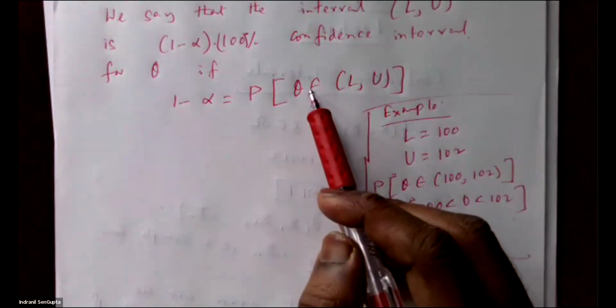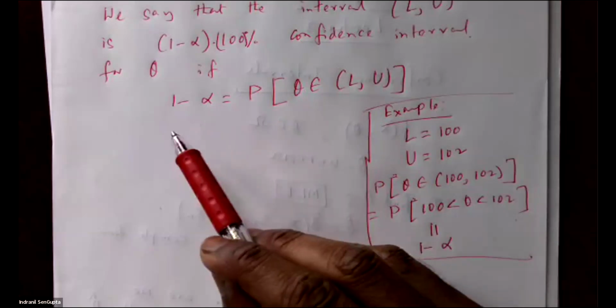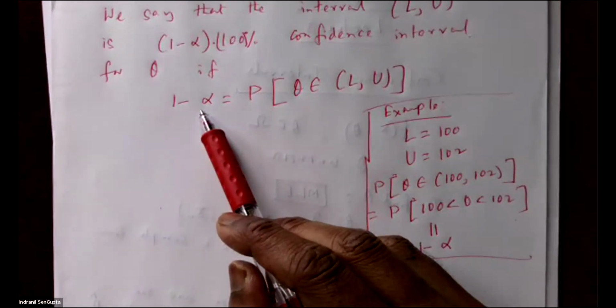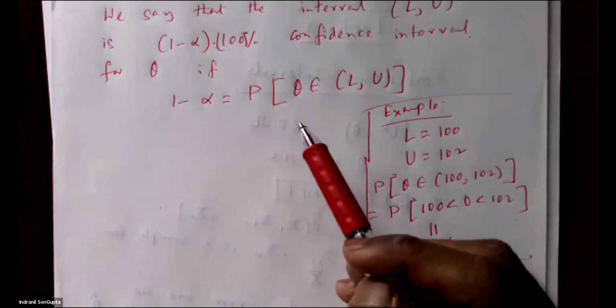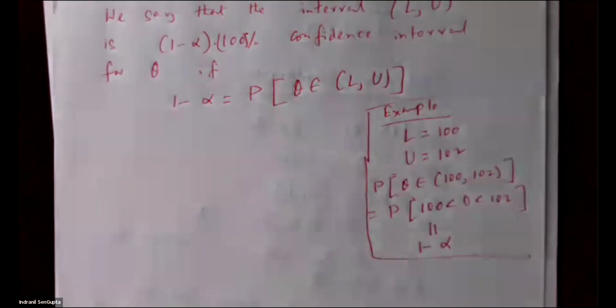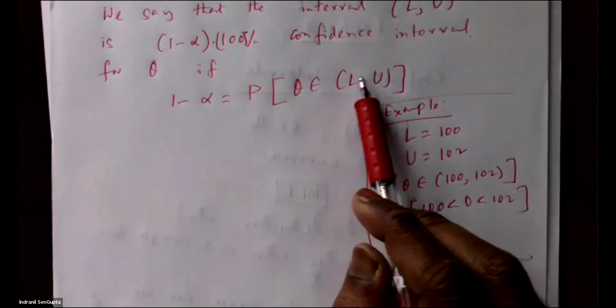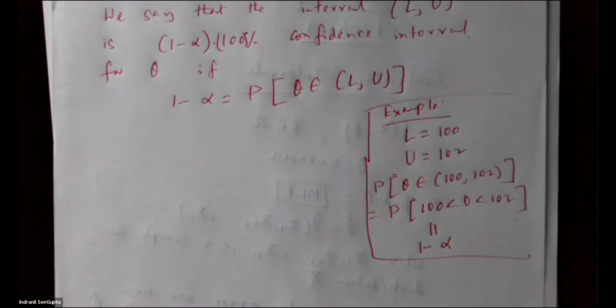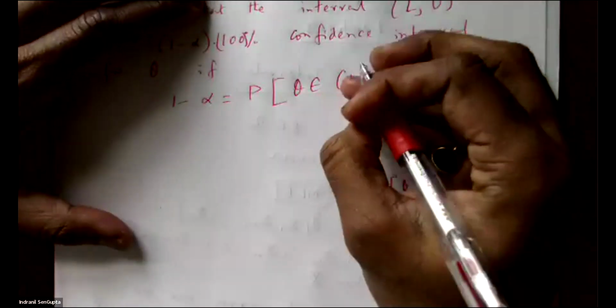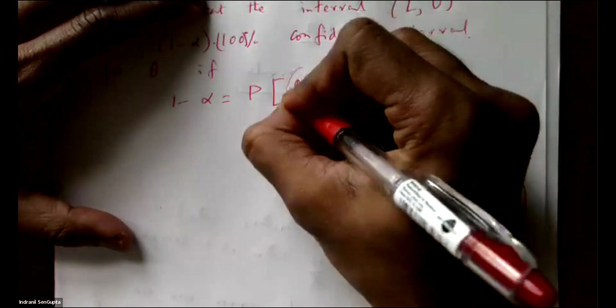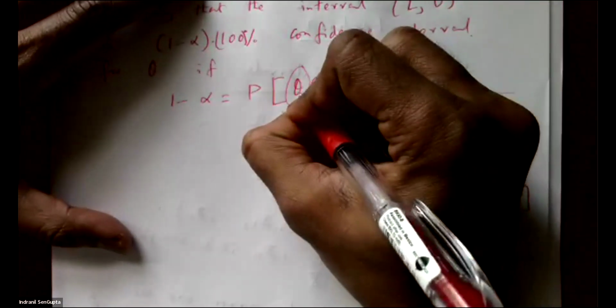Because if we know that with, say, 99% chance a parameter theta is between 100 and 102, that's a fairly good chance that the actual theta is between that, right? So once again, this is the actual value of theta.